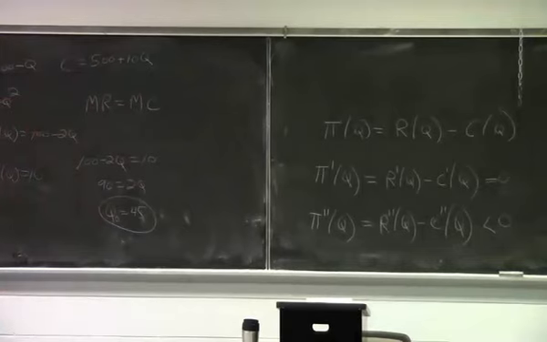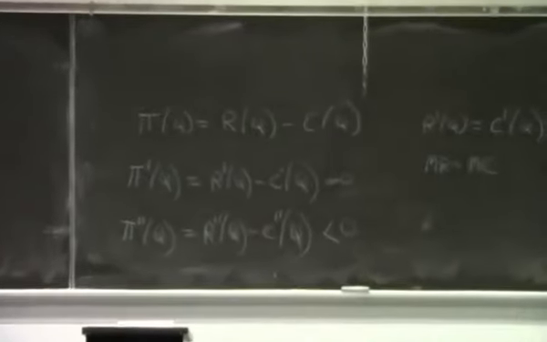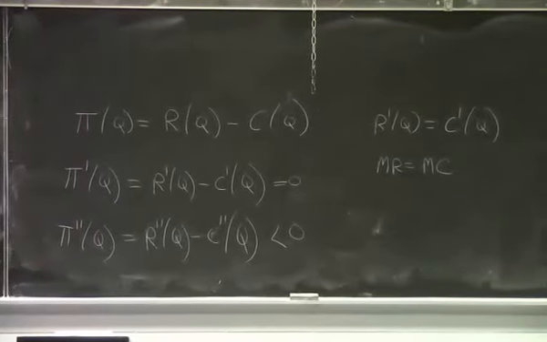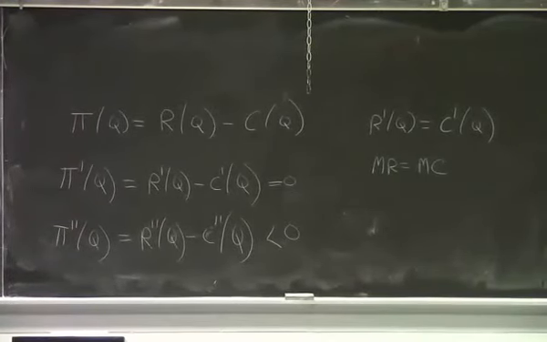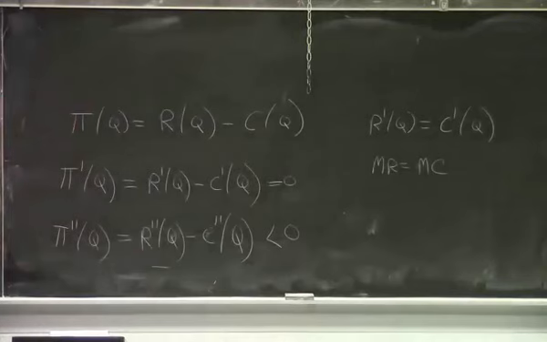Now generally, the slope of the marginal revenue curve will be negative. And generally, the slope of the marginal cost curve will be greater than or equal to 0.